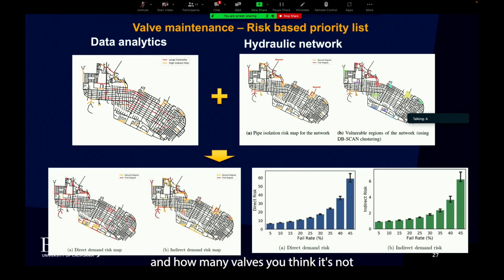And how many valves do you think are not working in the East Bay MUD area? Oh, wow, that's a lot. It's about 20% perhaps. Yeah, but we don't know. And some organizations check their valves every year or every 2 years.